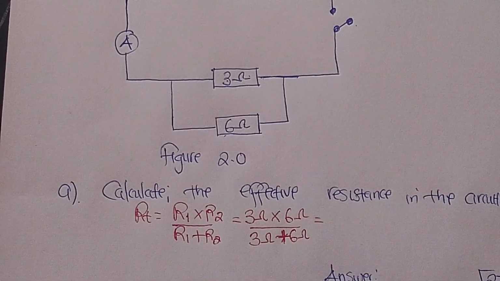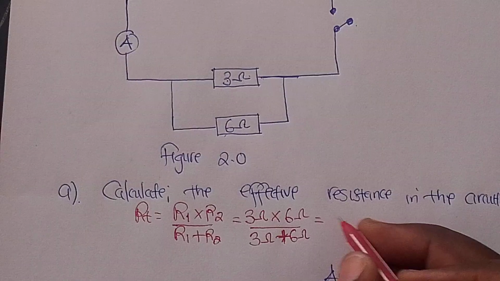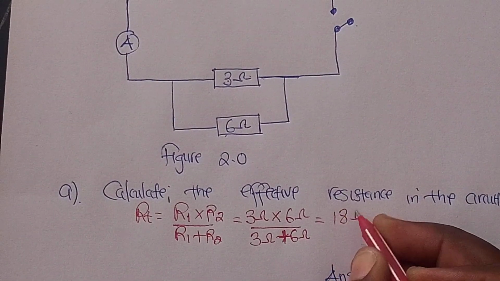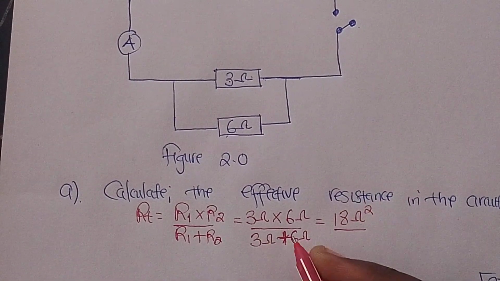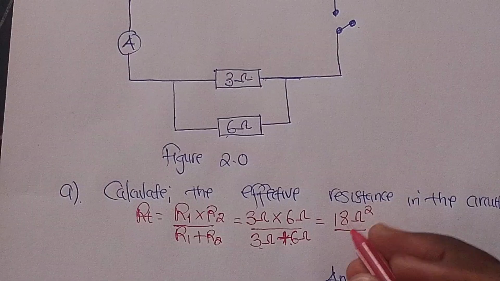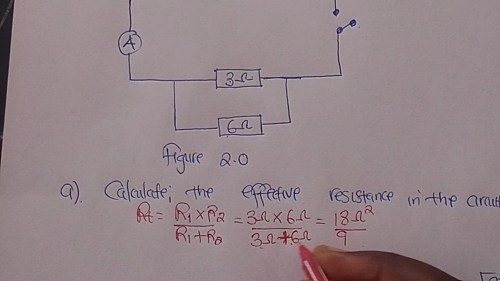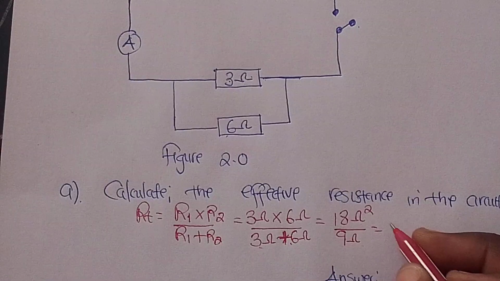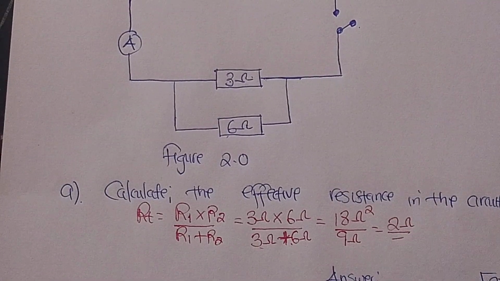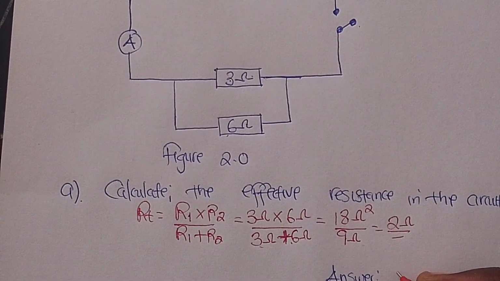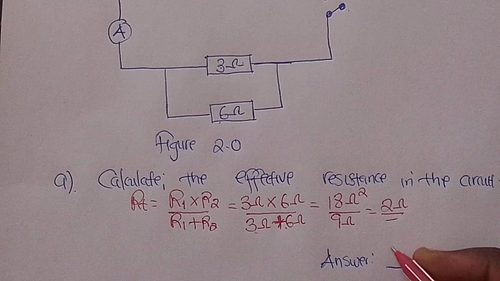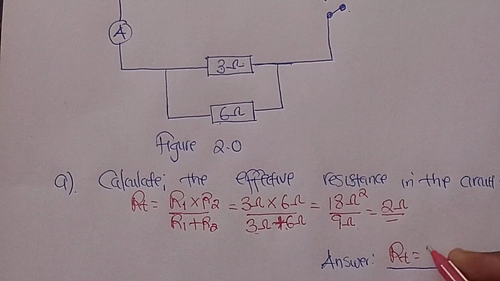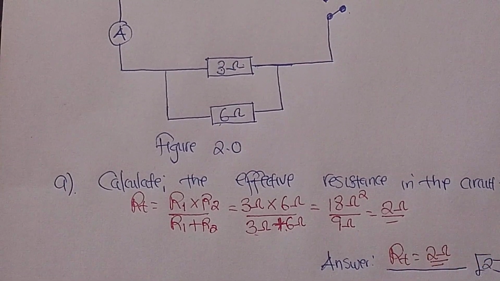So 3 times 6 gives us 18 ohm squared over 3 plus 6, which gives us 9. So 9 into 18 gives us 2 ohms. Hence the effective resistance is 2 ohms.